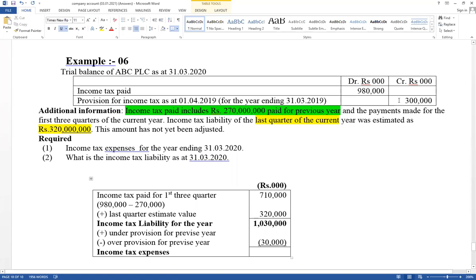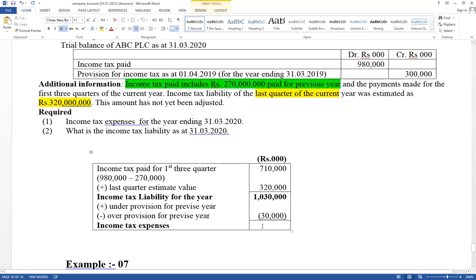Provision for income tax means the value considered as expense in the previous year, estimated and considered. But actually paid for that was less. Therefore, the considered value is over. Over provision: if it is an over provision, that value should be deducted. Therefore, 1 million 30, in values of 1,000, is the value that should be included in the income statement as an expense. Under current liability, as tax payable, only 320,000.